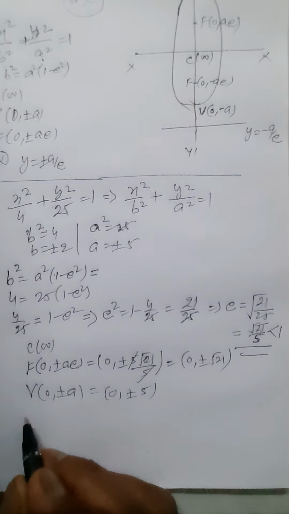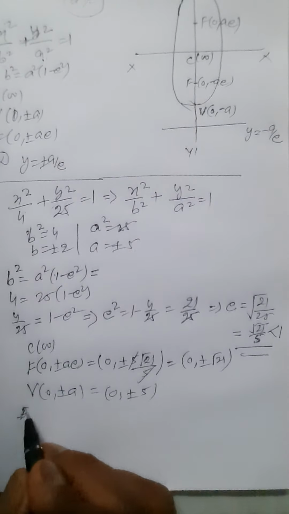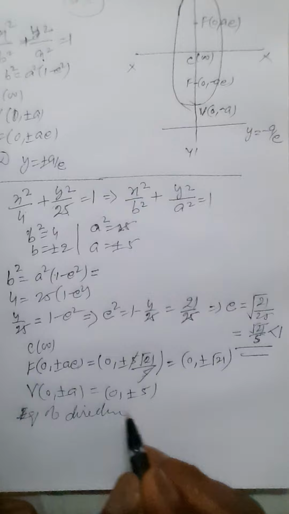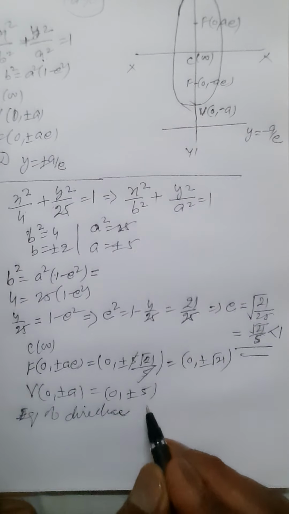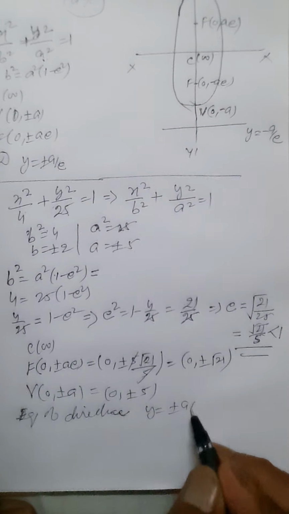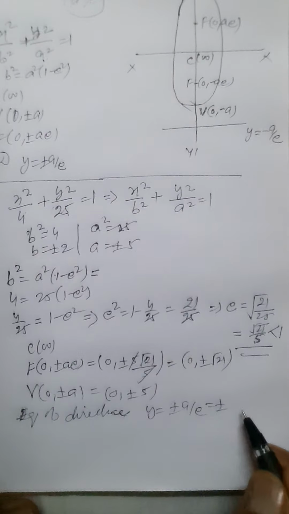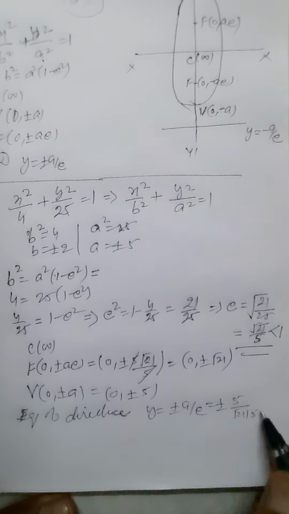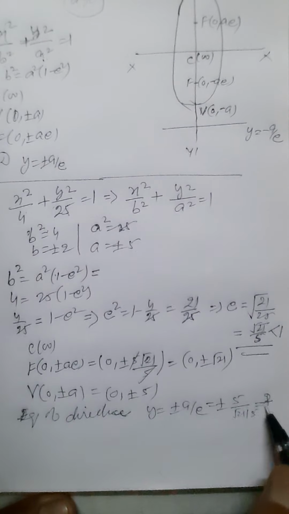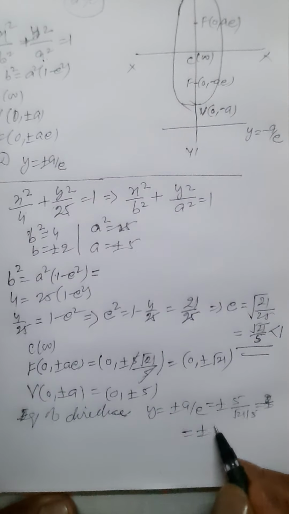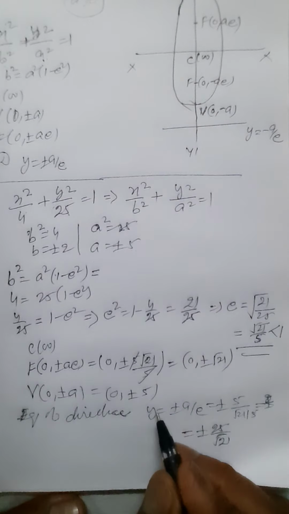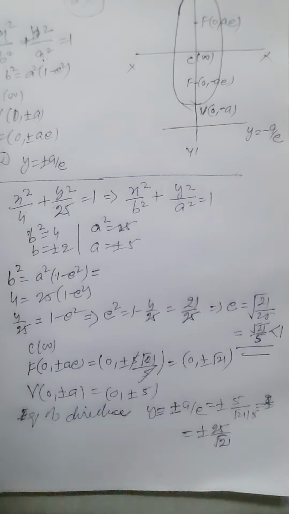Equation of directrix, they will be y is equal to plus minus a upon e. So a is 5, e is root 21 upon 5, so this will be plus minus 25 upon root 21. That is called equation of directrix.